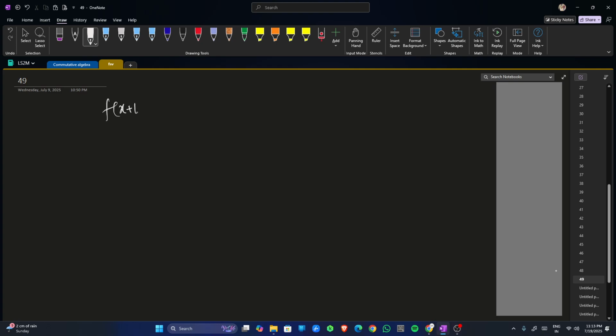Then f of x plus t ej minus f of x, the whole divided by t, equals f prime x applied on ej plus phi of t ej by t.